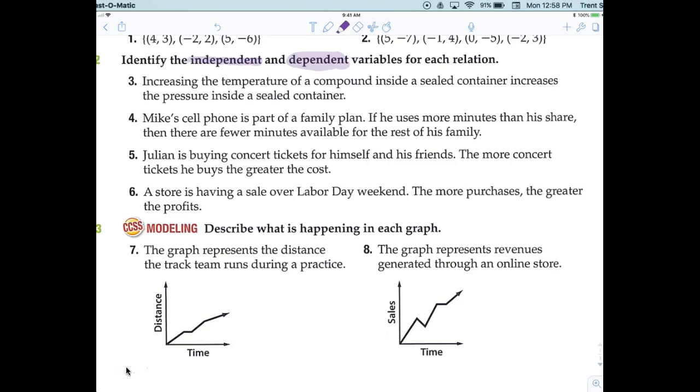Yeah, so you guys should be somewhat familiar with it. So independent is X, and the dependent is the Y. And what I normally like to say is X can be anything, and Y depends on whatever X is. Is everybody with me on that? So X is independent, and Y is the dependent.